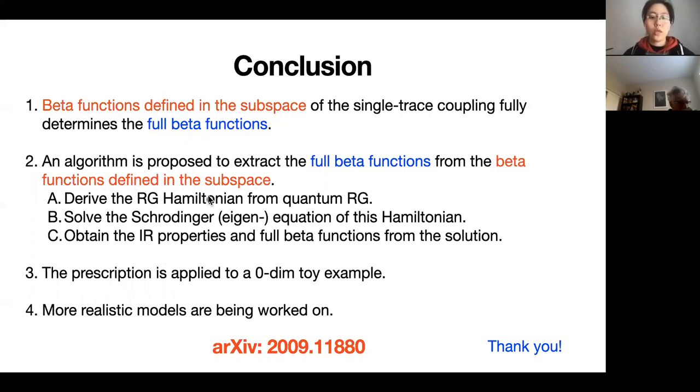Firstly, we derive the RG Hamiltonian by using the quantum RG method. And then we solve this Hamiltonian, either the eigen equation or the Schrodinger equation. And then from this solution, we can determine the IR property of the RG flow and also construct the full beta functions living in the entire coupling space.